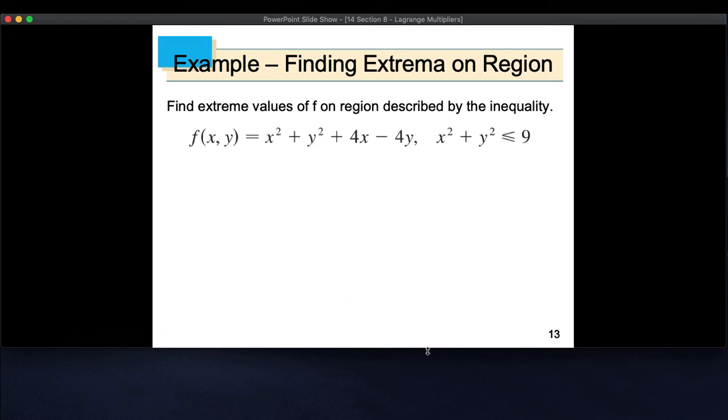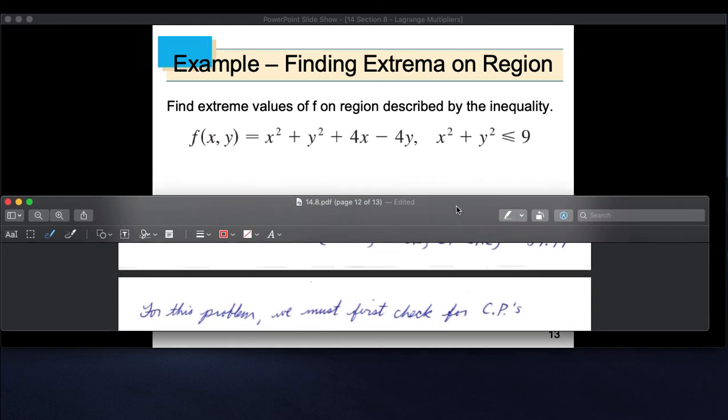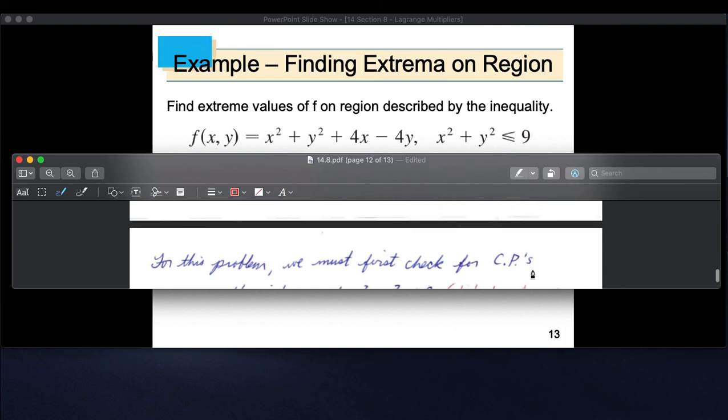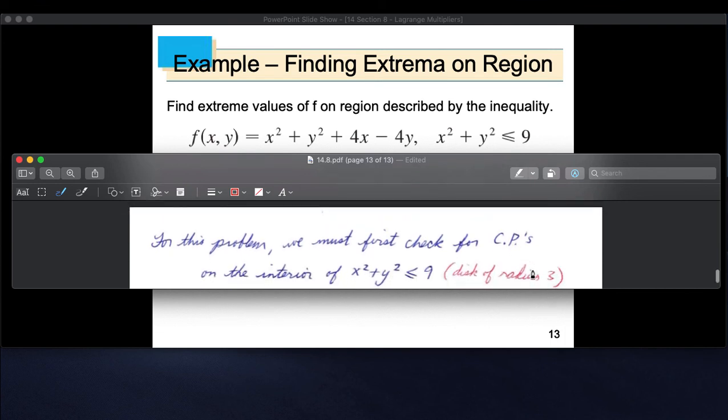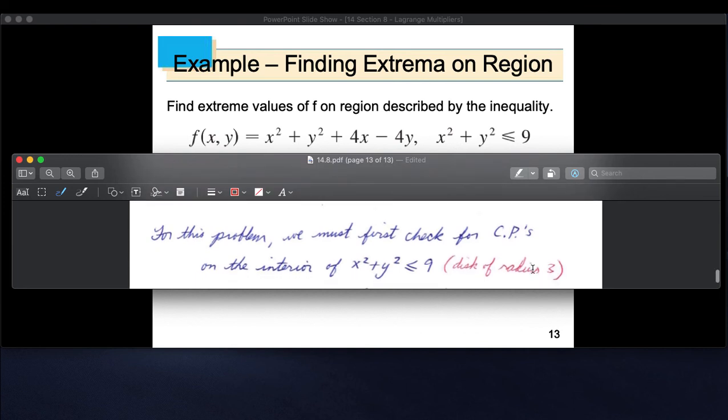Now here, what I'm going to do for you guys is just kind of set it up. But just remember, this thing actually starts off just like the last section. For this problem, we must first check for critical points. Again, remember CP means critical point. And just recall back, how do we actually check for critical points? Well, what we do is we go ahead and find the partial derivatives.